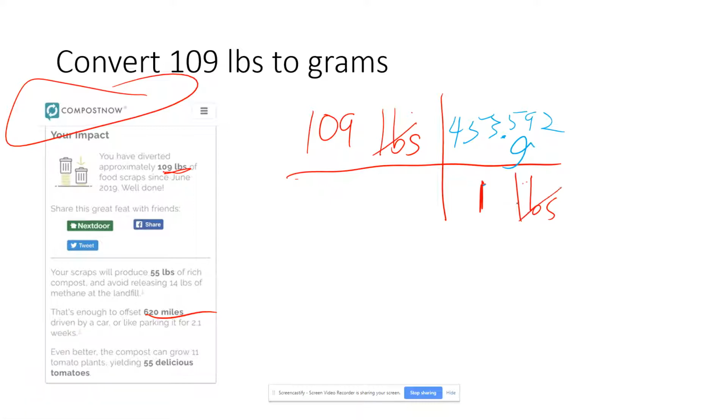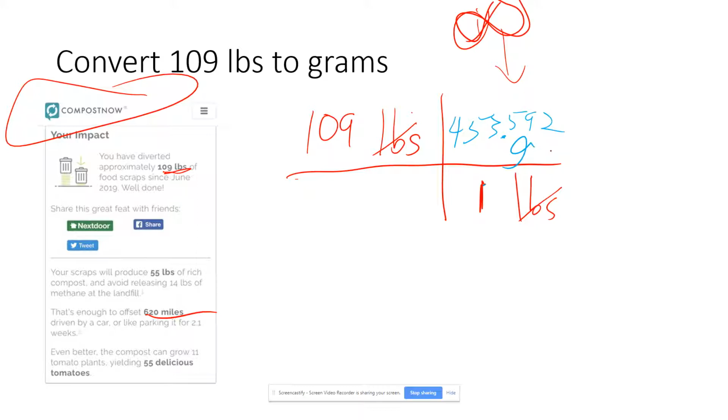So now the pounds cancel, the grams is standing. So you multiply 109 by 453.592. So that should give you 49,441. Significant digit wise, remember these we say are infinite. But we do that, right?